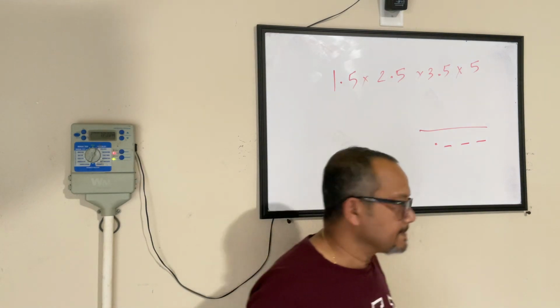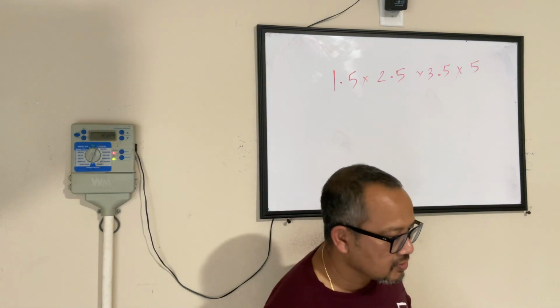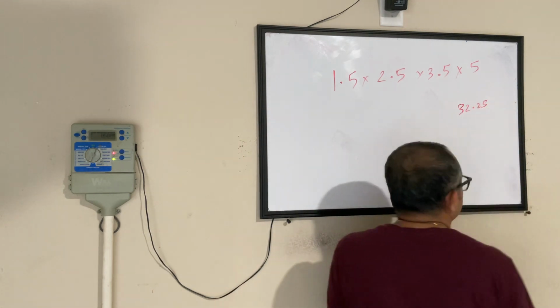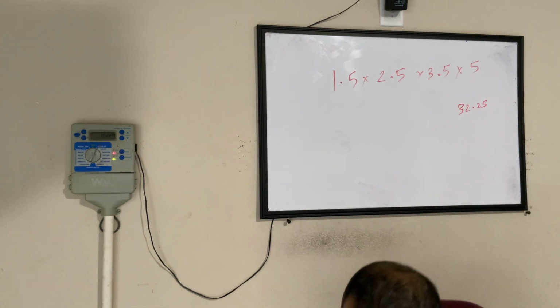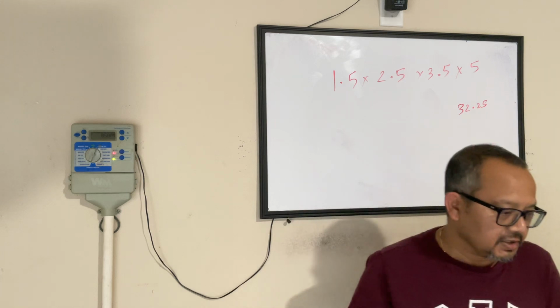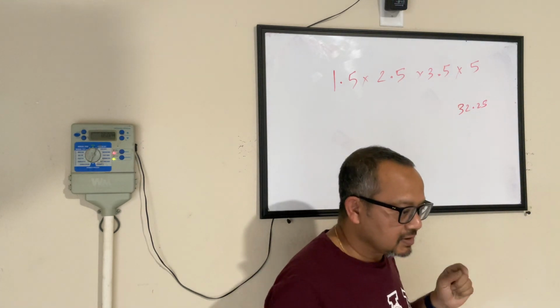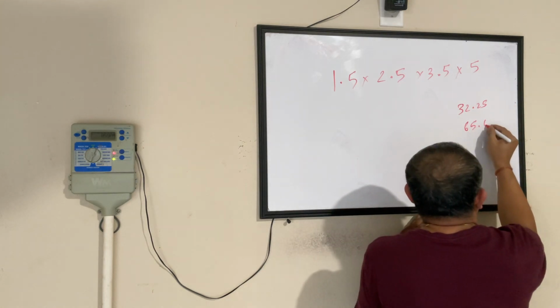Yeah, Nihan. 32.25. Okay. Yep, Vaishu. I got 65.625.